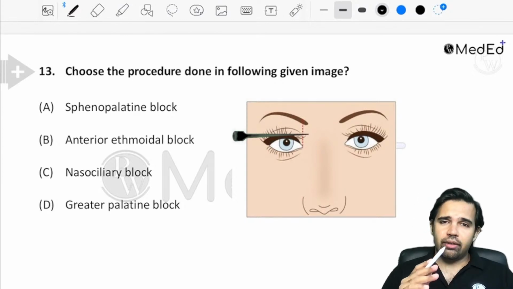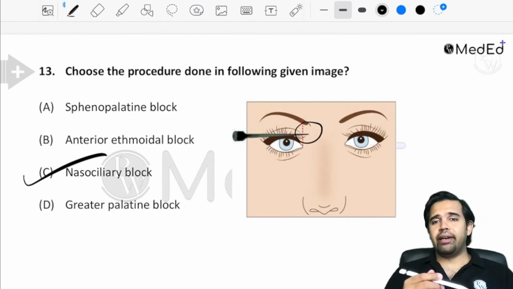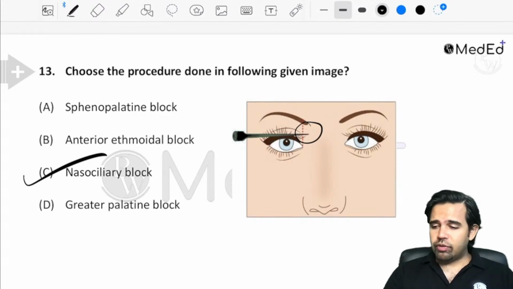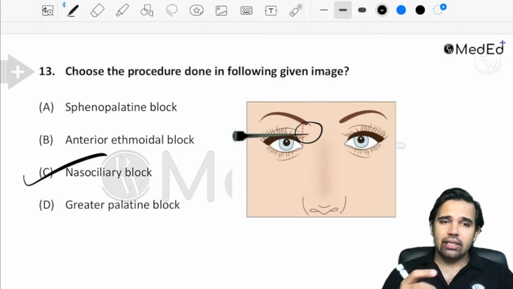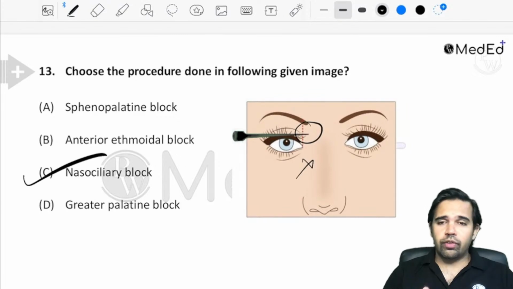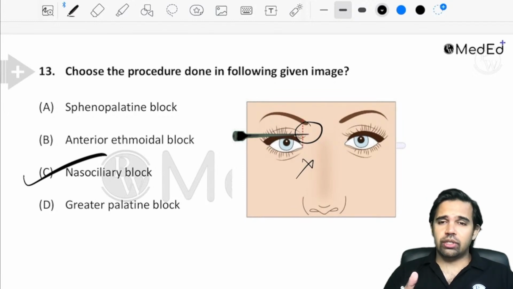Choose the procedure done in the following given image, and this is the nasociliary block, as explained, to reduce certain types of headaches, because nasociliary is a branch of the trigeminal nerve and you have headache because of its irritation, and by giving this block you can relieve certain kinds of localized headache. An anterior ethmoidal block, which is given more here in the dorsum, can be given to block the septum, especially in rhinoplasty or septoplasty surgery.